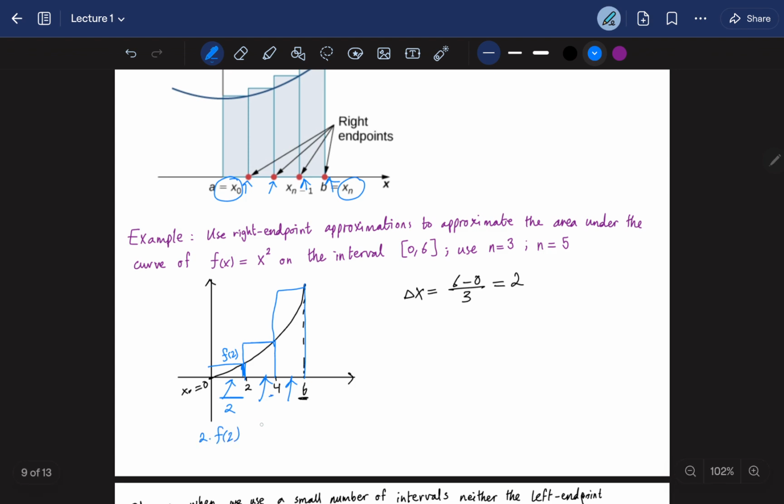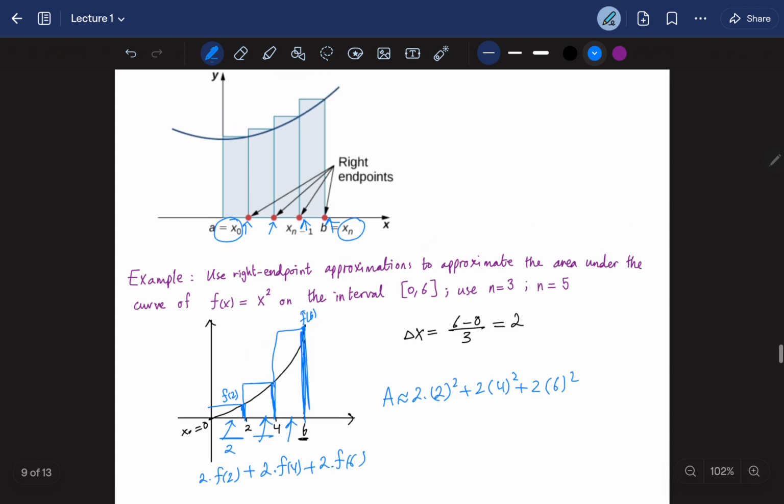Similarly here, the width is 2, and the height here is f of 4. And for the last rectangle, doing the same thing, 2 times f of 6, because my point here is at 6, so f of 6 is my y value, which you can easily find. So the area is 2 times 2 squared plus 2 times 4 squared plus 2 times 6 squared.